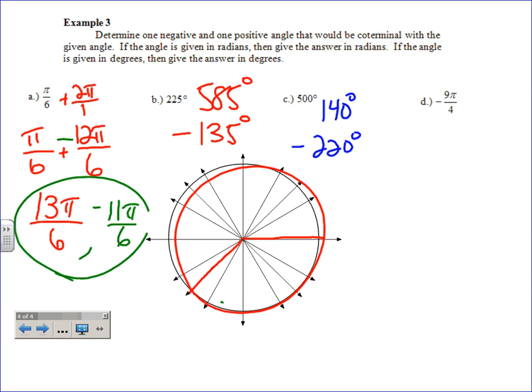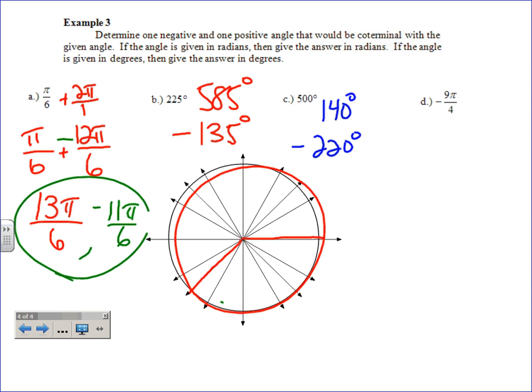Because I need a positive answer and a negative answer. Okay, I said 860 was a possible positive answer. So I said, why not just subtract 360 and get 140? Is that another possible positive answer? Yes. Do I up there right now have a positive answer and a negative answer? So have I answered the question? Yes.